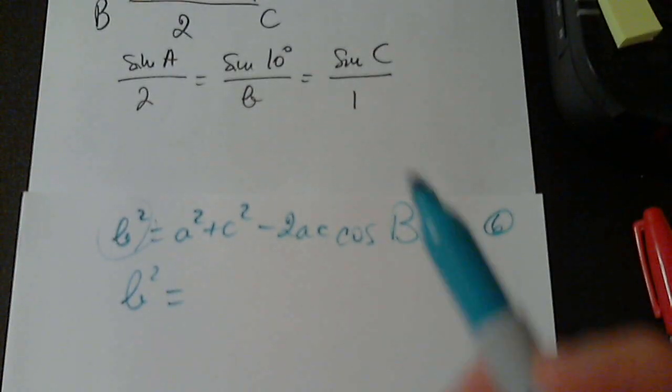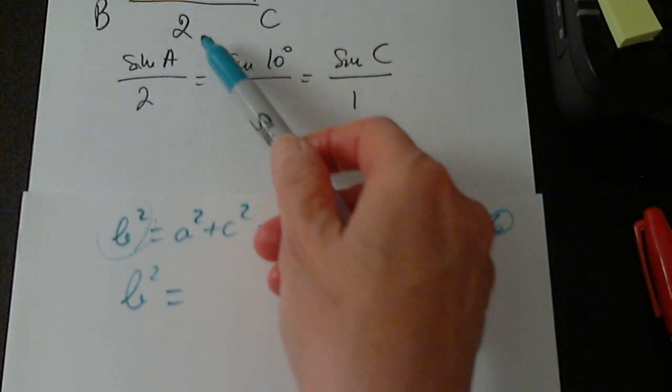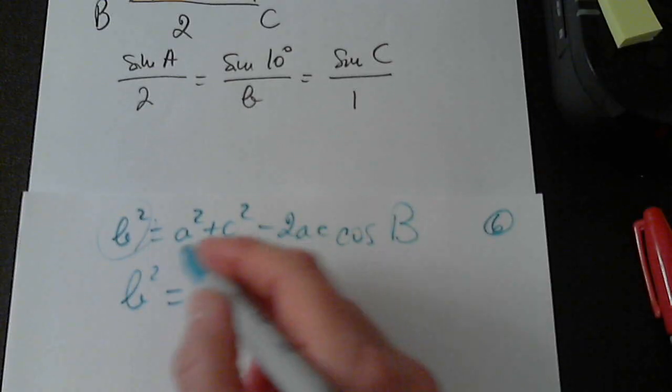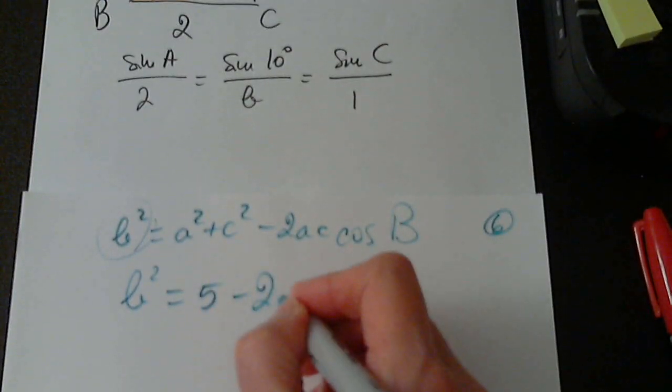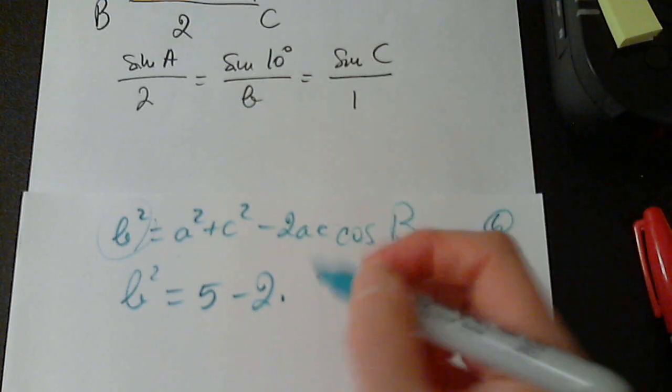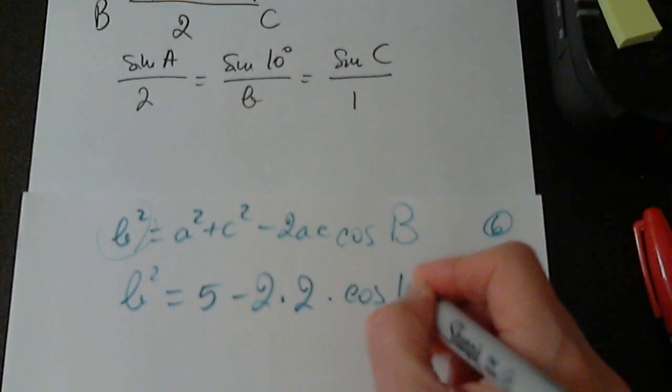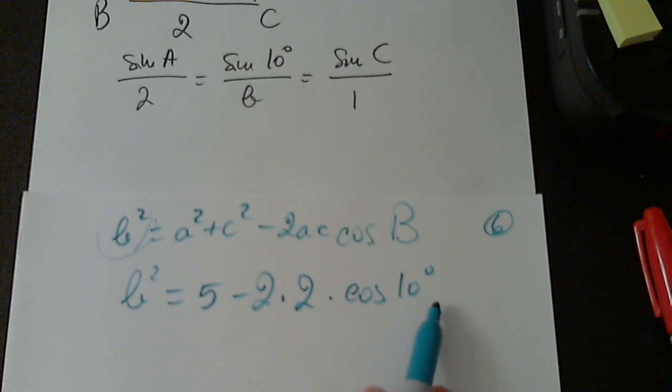So b squared equals a squared, which is 4, plus 1 squared, which is 1, so 5, minus 2 times 1 times 2, times cosine 10. I'll determine this and then take the square root. I will only consider the positive.